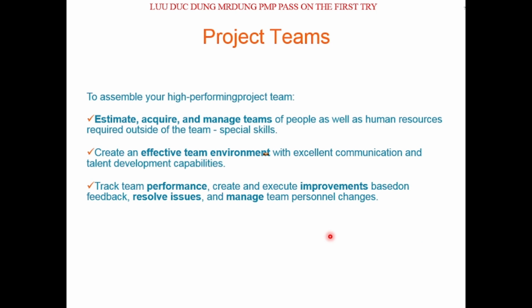And it is to assemble a high-performing project team. We have to estimate, acquire, and manage the team of people as well as human resource required outside of the team. Special skill, very important.